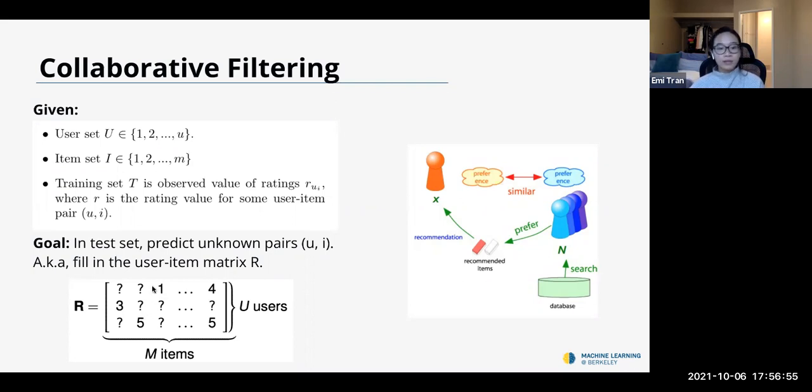In real life, some users have already rated, for example, 1 and 4 for certain items, like item 3 and item M, but they've never rated the first 2 items. Based on similarity, can you find similar users in this whole matrix to figure out what these 2 question marks are for user 1 in the first row? That's an example of finding the question mark.